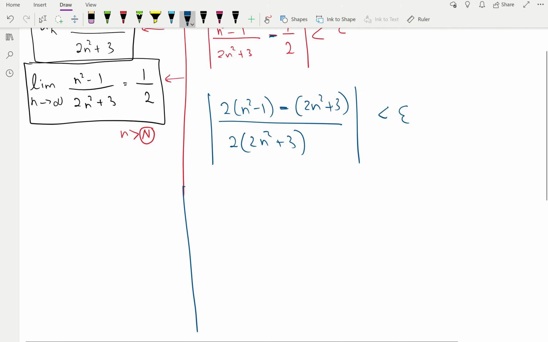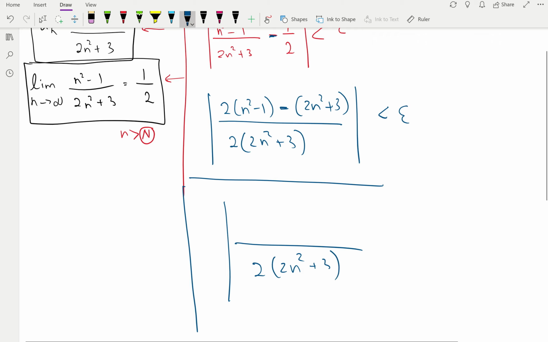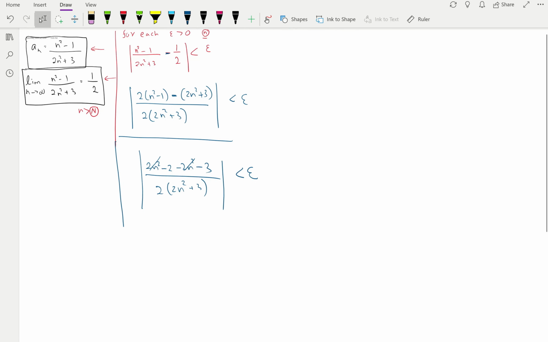If you simplify the numerator, this will be 2n square minus 2 minus 2n square minus 3. So 2n square cancels out, and this should be less than epsilon. So minus 2 minus 3 is minus 5 over, let's distribute the 2, 4n square plus 6.